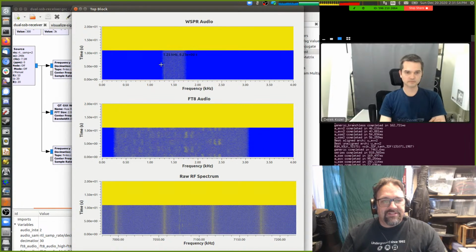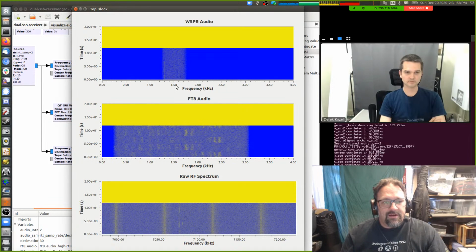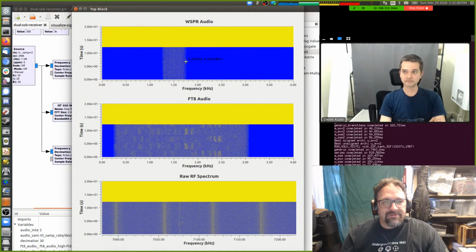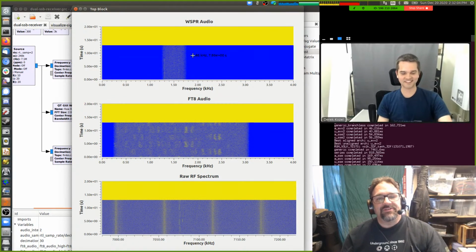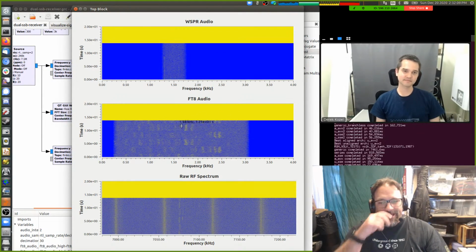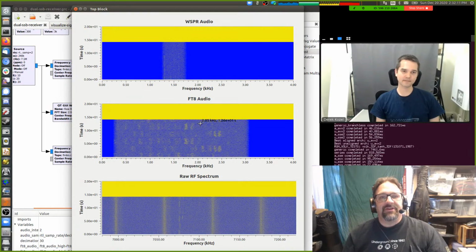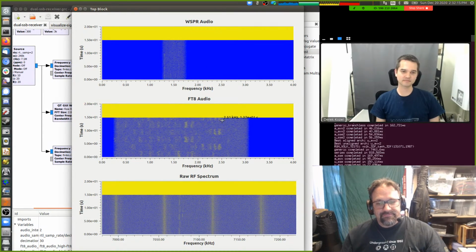And then this is the WSPR. WSPR is a much narrower signal. It's only 200 hertz wide. And so here's the WSPR bandpass. I want to be able to take these two audio paths, WSPR and FT8, and feed each to an instance of WSJT-X, and be able to receive all of these in real time continuously.